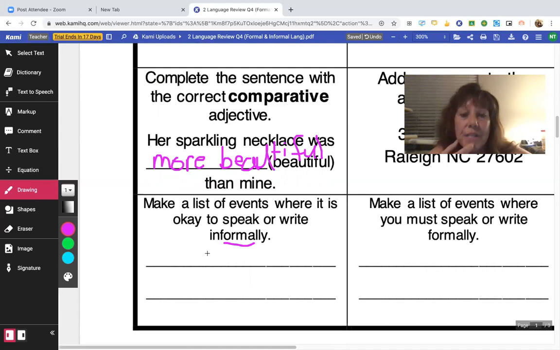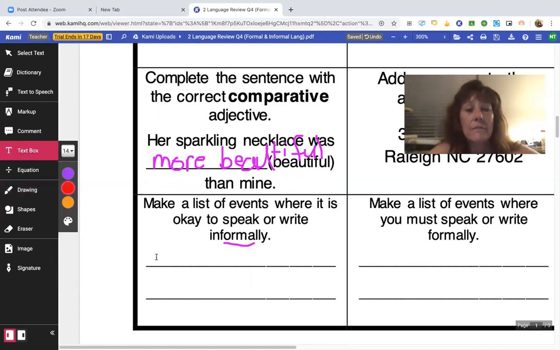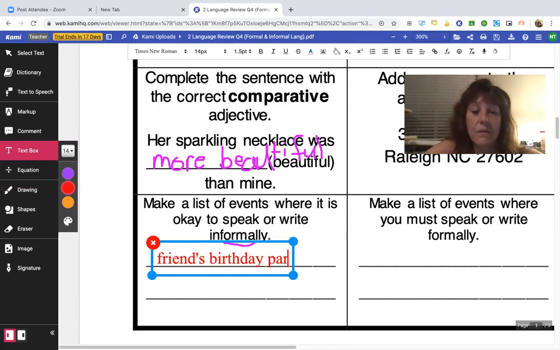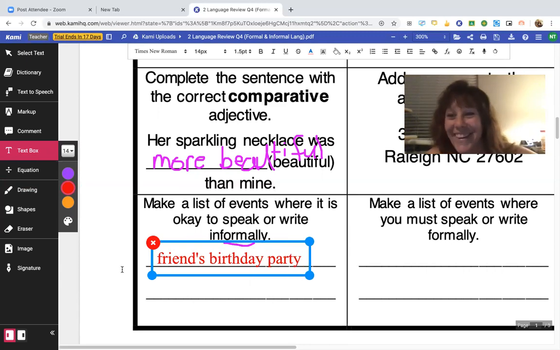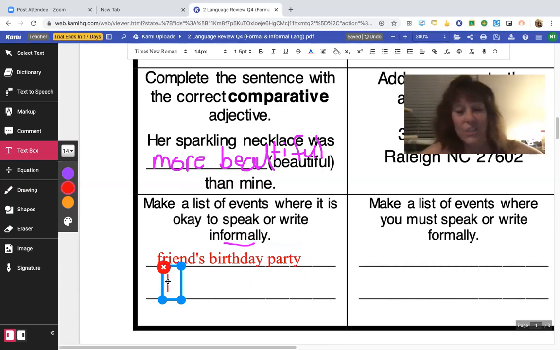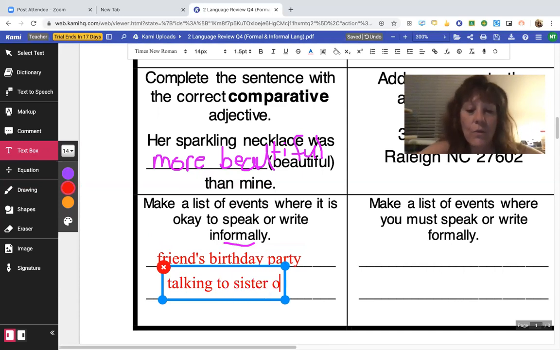So events where you could speak informally. How about your friend's birthday party at Chuck E. Cheese, right? Not at a fancy restaurant. Where would be another one? Maybe talking to your sister or brother at home.